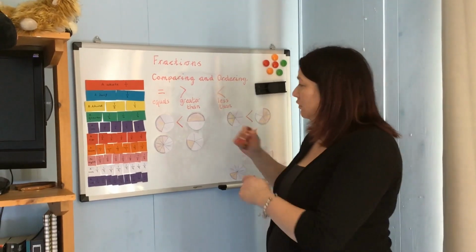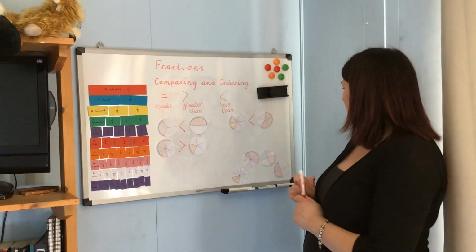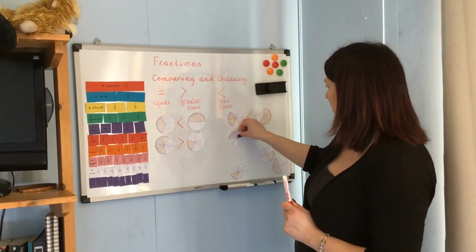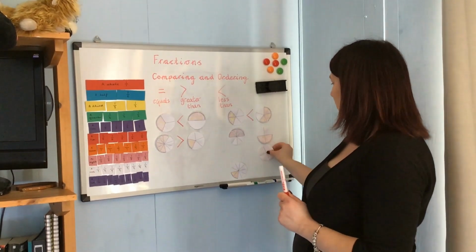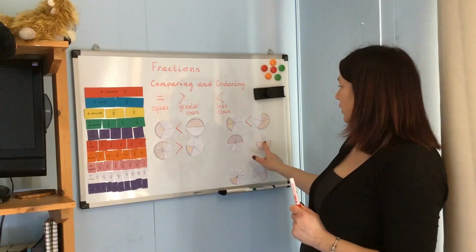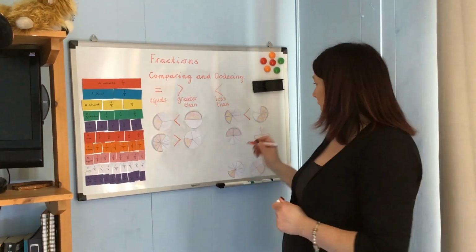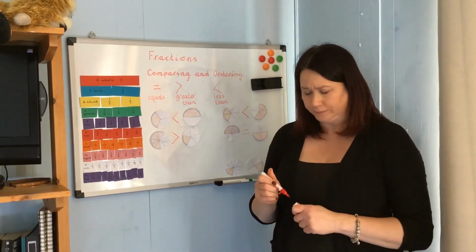So I need to use the greater than symbol for this pizza pair. The last one I'm going to look at is this one and this one. Then I can see, if I look at the 2 different pizzas, that in actual fact they are equal. So I can put in the equals sign there.